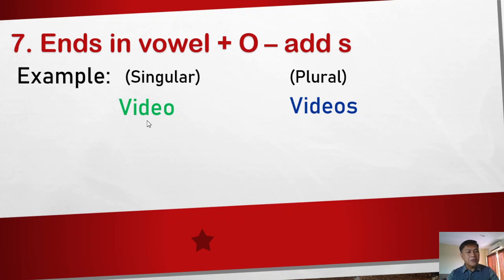Video, videos. Next is zoo. Zoo ends with the letters O and O. O is a vowel plus O, so that becomes zoos. Zoo, zoos.